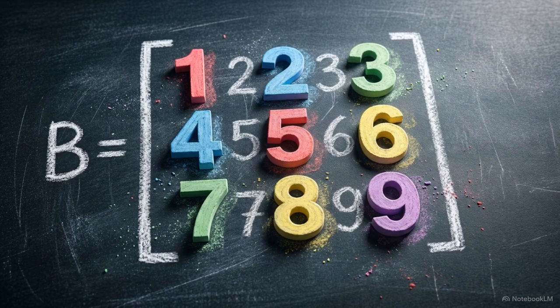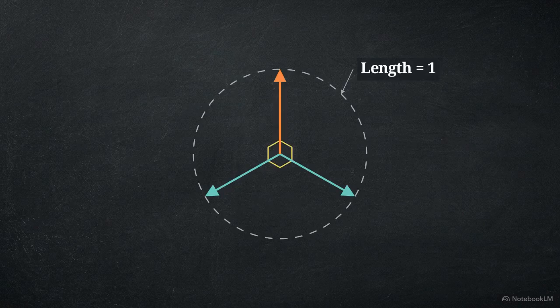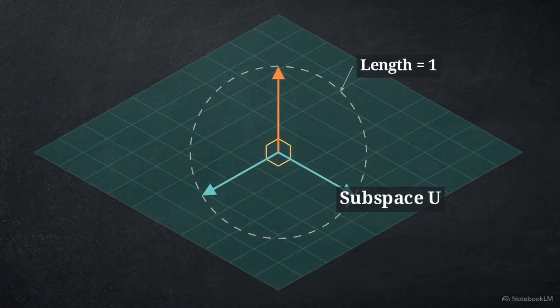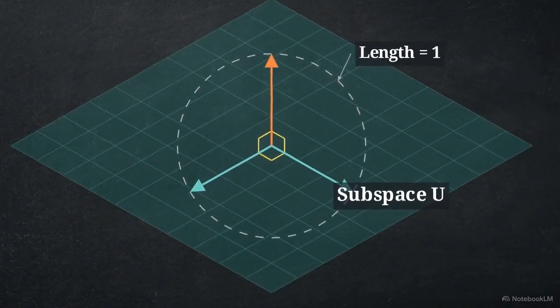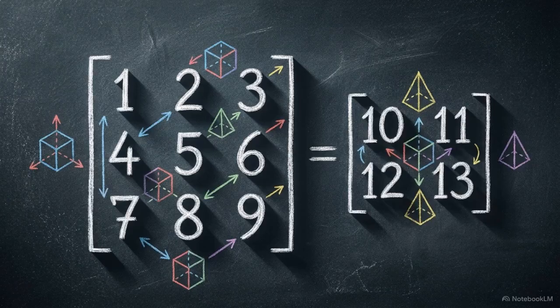Its columns must form an orthonormal basis, meaning they establish a set of perpendicular, unit-length axes that span our new lower-dimensional subspace. We have to choose a specific orthonormal basis that minimizes the mathematical difference between the original X and the reconstructed X tilde, ensuring the least amount of information is lost during compression.